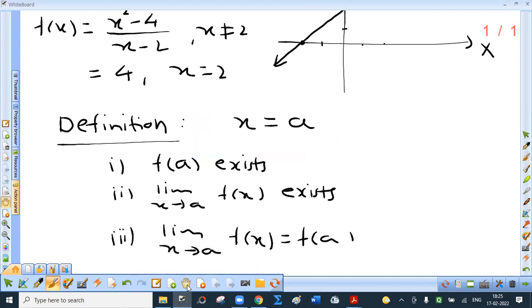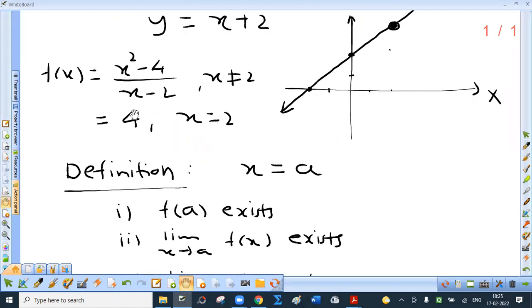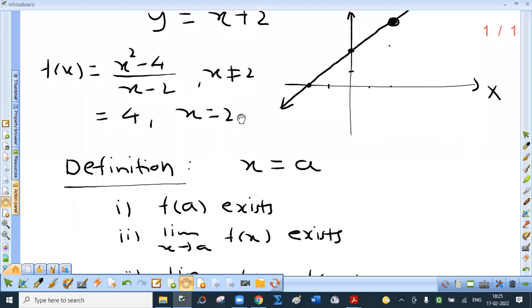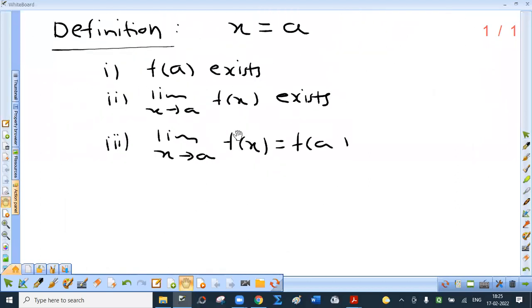So in this example, we must prove that this 4 is nothing but the value of the limit of the function as x tends to 2. Let us see. Limit x tends to 2, f of x. What is f of x? x square minus 4 upon x minus 2.